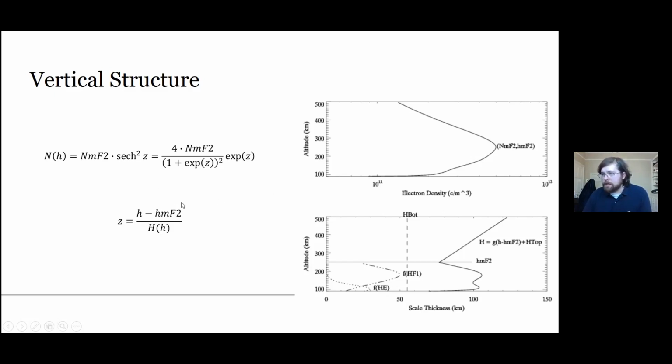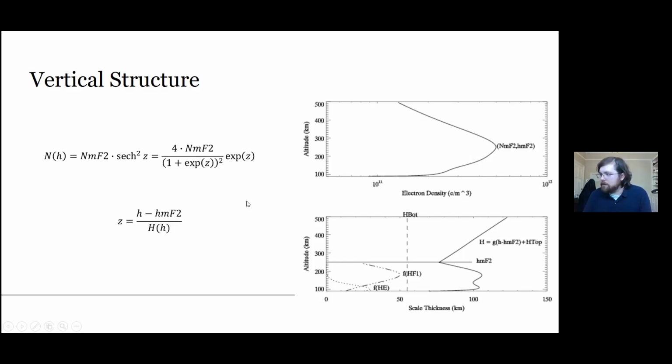And the advantage to this is that we can effectively transform our space from an electron density space into a scale height space. And to be clear, this is not the physical scale height. This is a scale thickness. It's an arbitrary concept that's specific to this Epstein layer here.